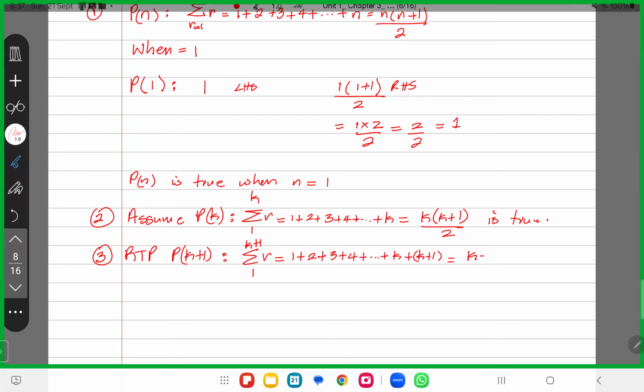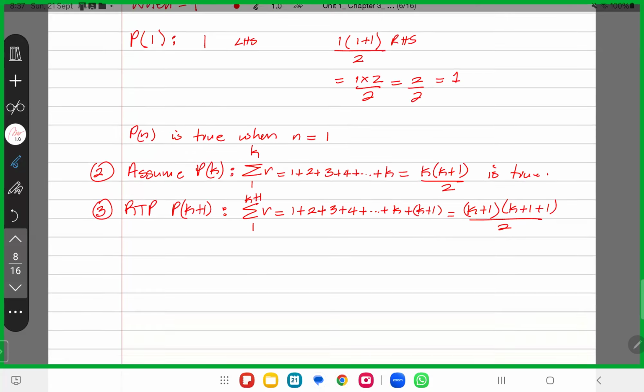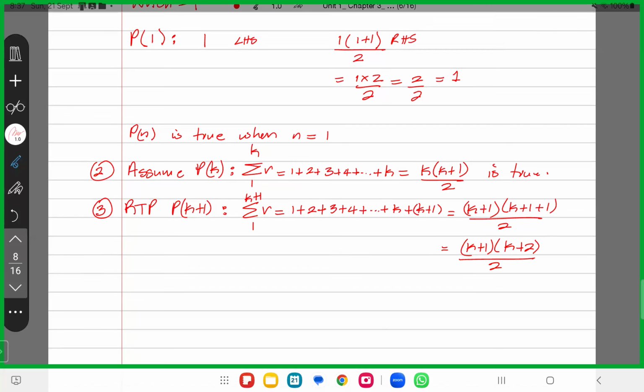So this is k plus 1 multiplied by k plus 1 all over 2. Simplify, we get k plus 1 multiplied by k plus 2 all over 2. So that's what we're required to prove. We're required to prove that the sum of the first k plus 1 counting numbers is equal to k plus 1 times k plus 2 over 2.